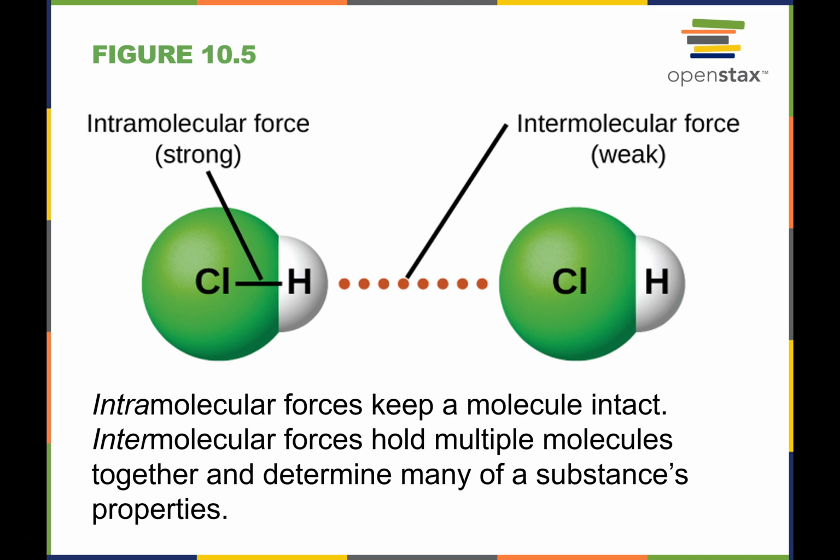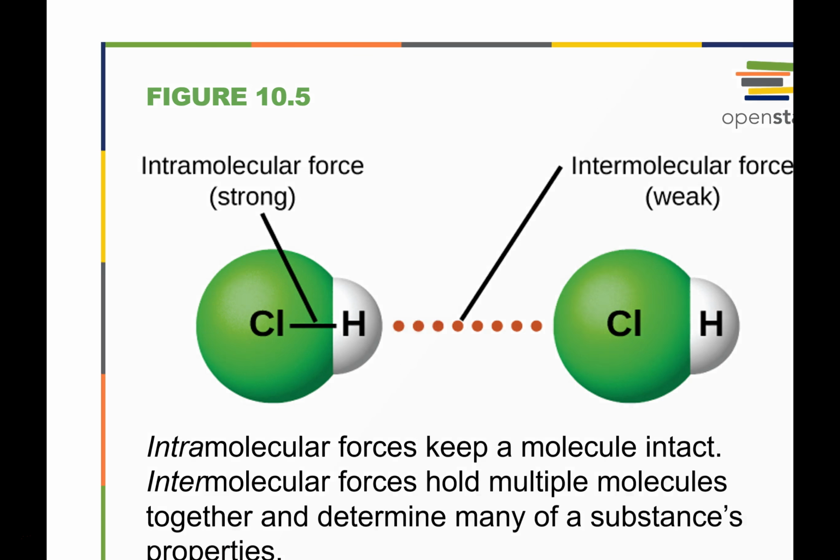Now this says weak, but it's weak relative to that solid line there, which is the chemical bond. Actually, that's pretty strong intermolecular. So again, this is back in Chem 1. We talked about intermolecular bonds and the three physical phases of matter.